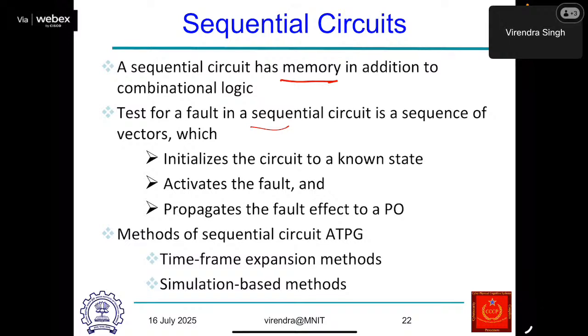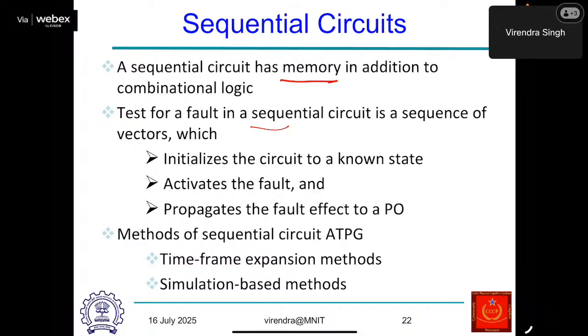Now the question is, when there is no test vector, it may keep on exploring all the possibilities, which becomes difficult. So if I'm running my tool, and for one fault it is not able to generate the test vector for 2 days, 3 days, what to do with that? Should I continue and wait for years to say that there is no test for this particular fault?